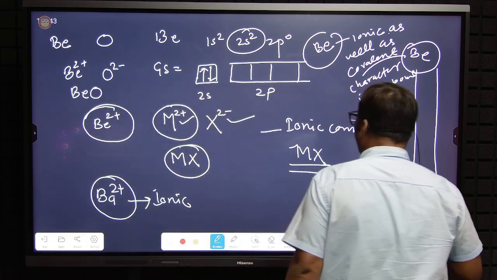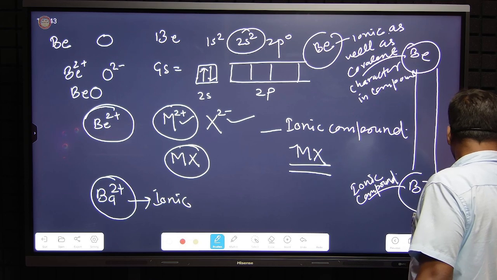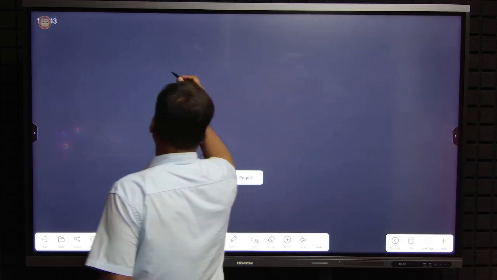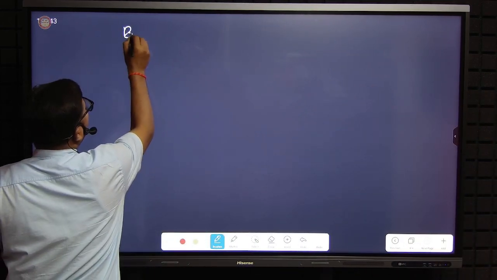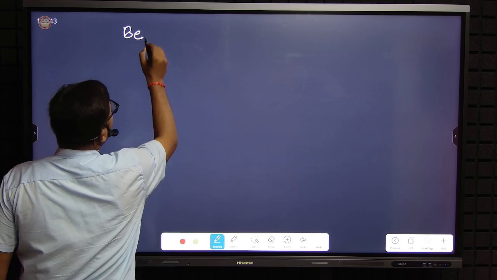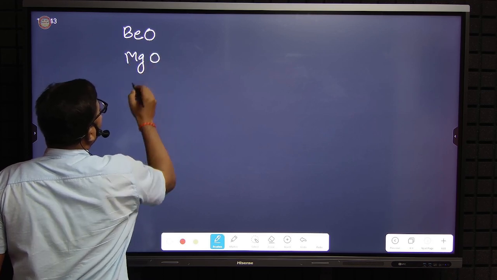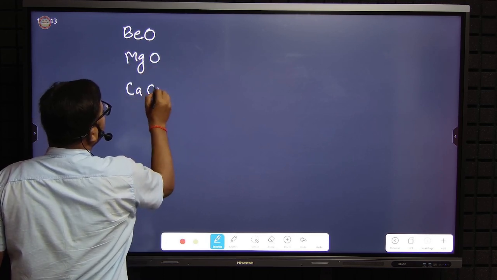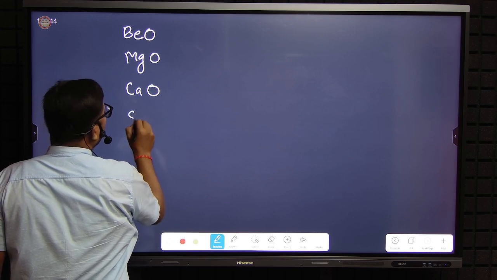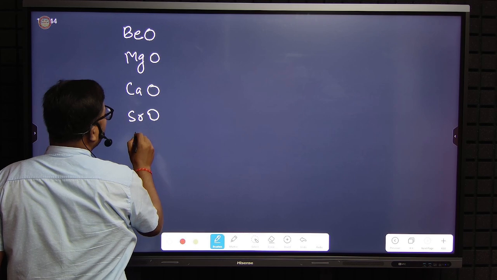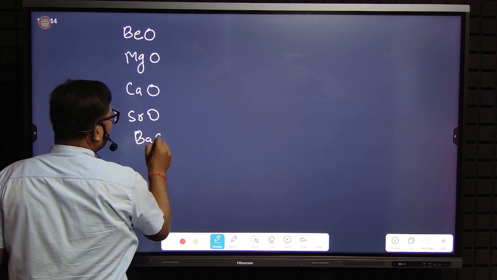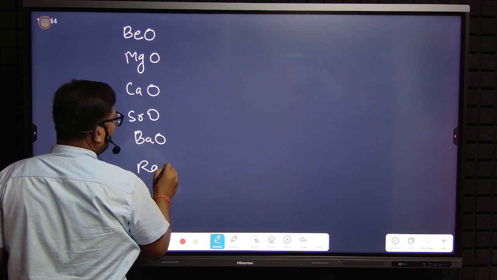So, all the metals, actually all the metals: BeO, MgO, CaO, SrO, barium oxide and radium oxide.